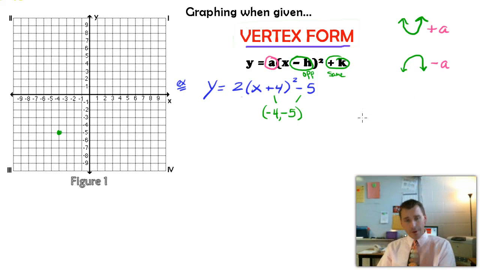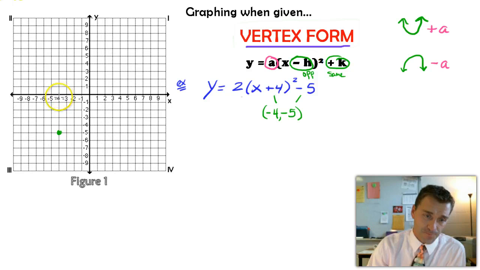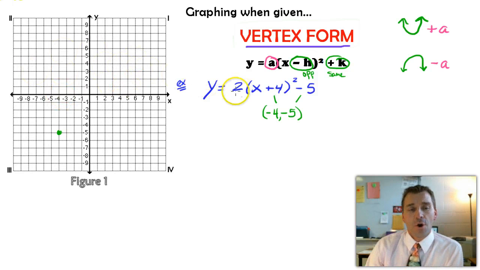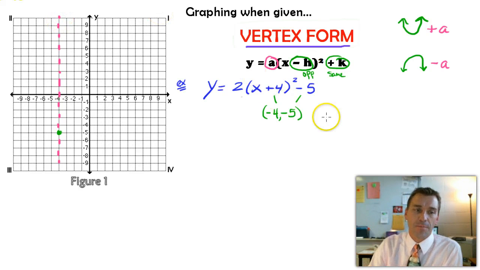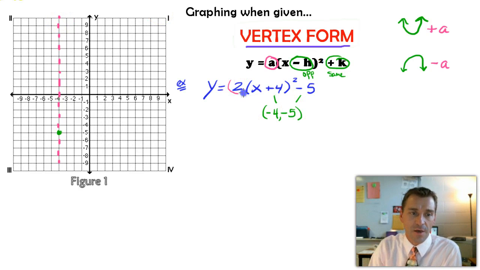Step number 3 is to do this. You're going to now determine what the axis of symmetry is. Remember, the axis of symmetry is the actual mirror image that goes right down through the vertex. So that means it goes right down through here. You know what I actually would also do? Since we determined that this is a +2, I forgot to do this. That's a +2. We know it's going to be going up.